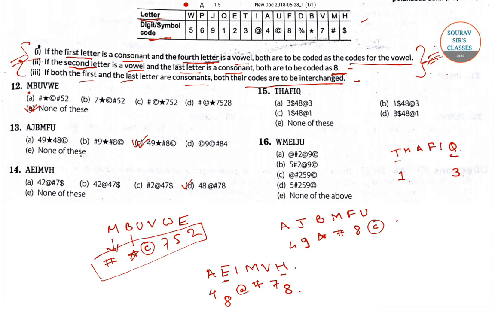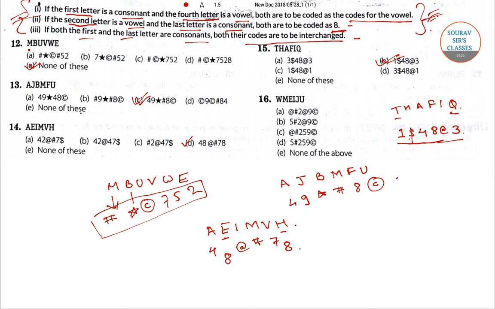So code of H is $, A is 4, F is 8, and I is @. So the answer is $148@3, which is our option number B.